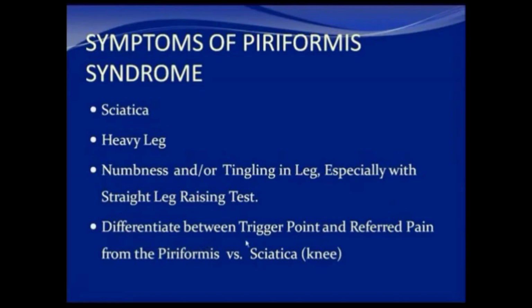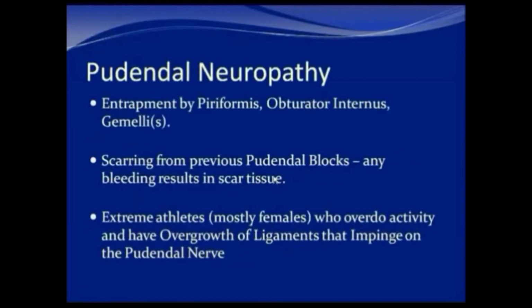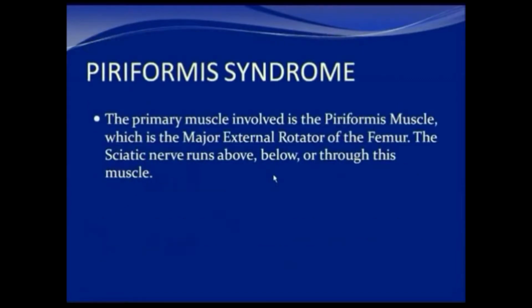And it's important to differentiate between a trigger point and its referred pain in the piriformis muscle versus the true sciatica. And I put in parentheses the knee because that is the basic way to differentiate it.